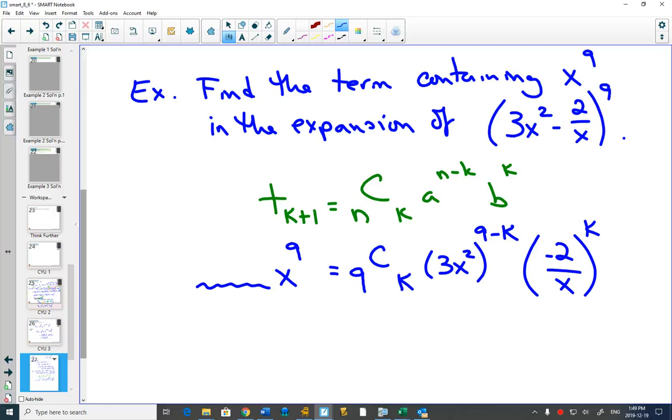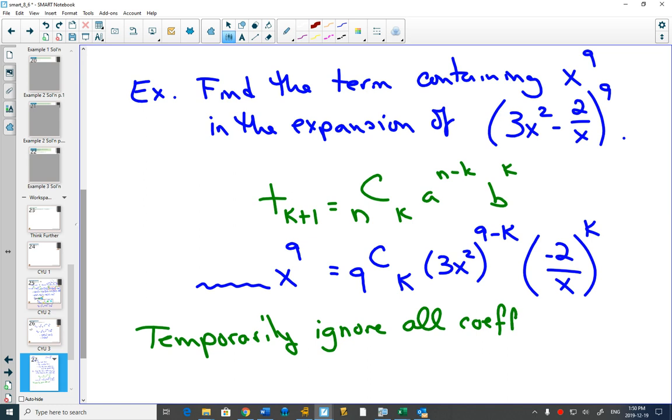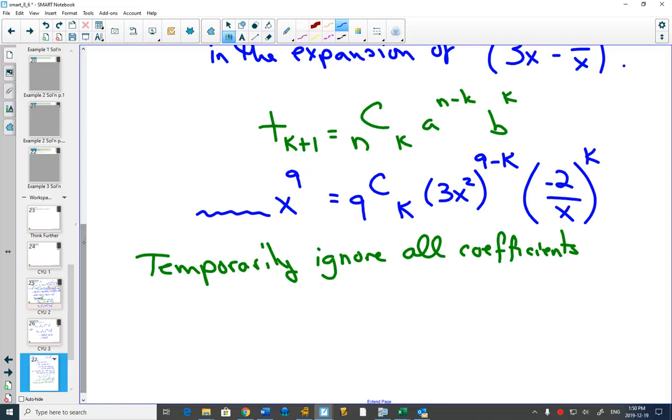And the way that we can do that, and you'll actually write this when you're solving a question like this, is to temporarily ignore all the coefficients. Coefficients are the numbers in front of variables. Really, the only information that we want to look at is our powers with our base and our exponent. So on the left-hand side of my equation, I'm only thinking about the x to the 9.